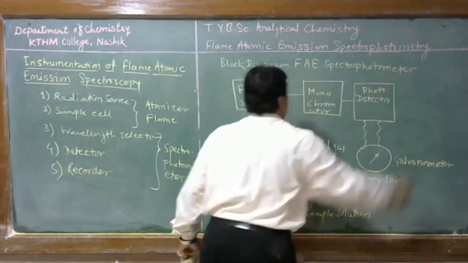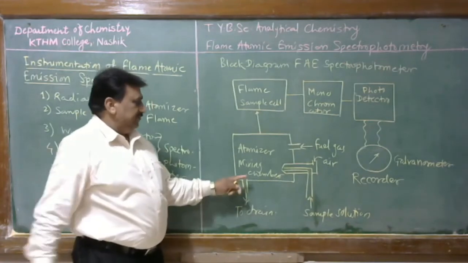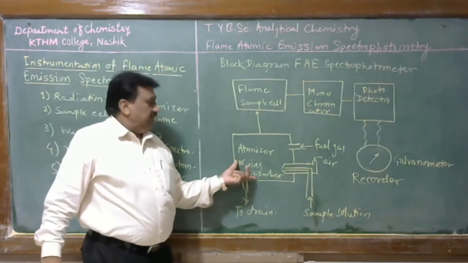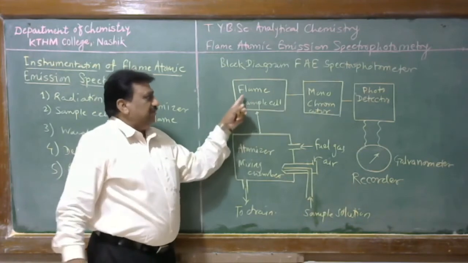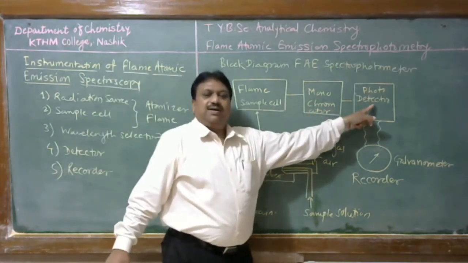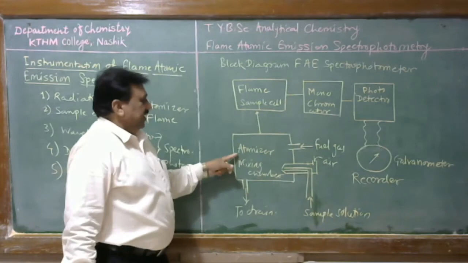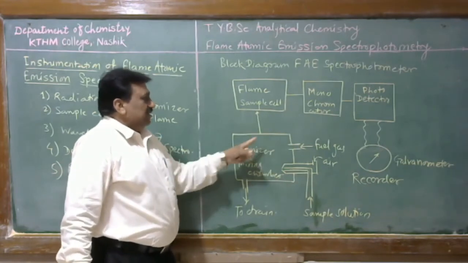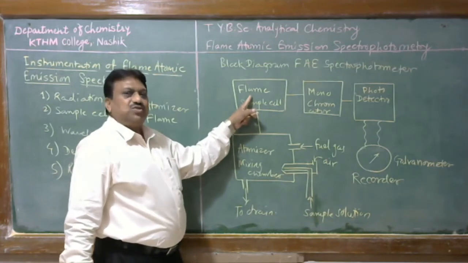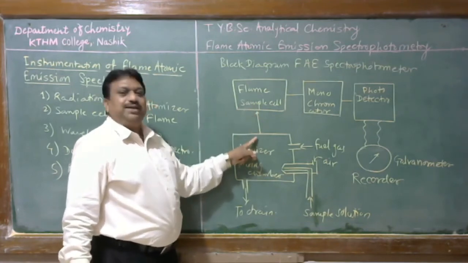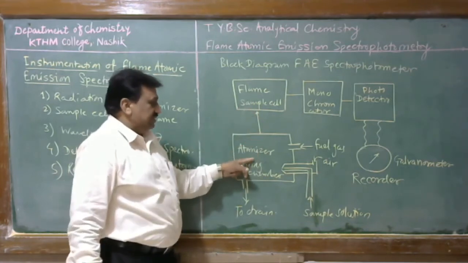Therefore, the arrangement of components is like this. Here, the atomizer is not in the axis of the monochromator or detector. Actually, the sample is atomized into the flame. Before that, some treatment is given to the sample in this device.